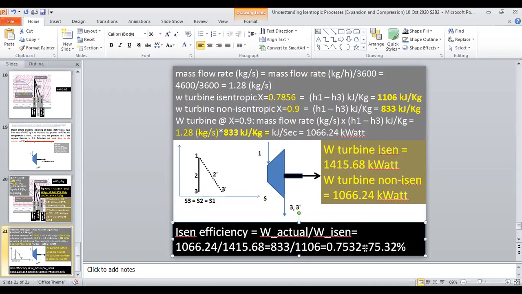For engines, compressors, turbines, it's around 80%. Nearly 80 is much lesser than that. So 75 to 80 is considered very good.